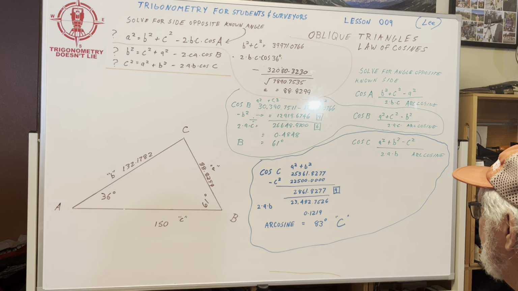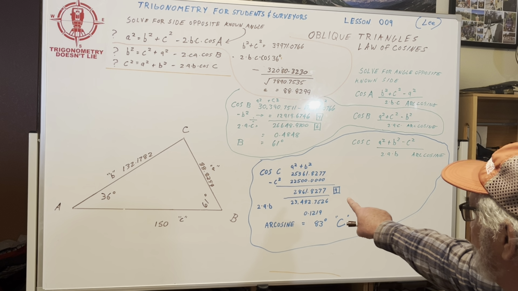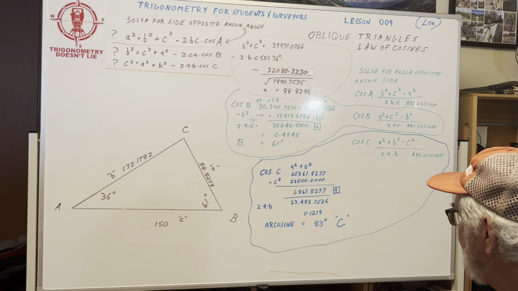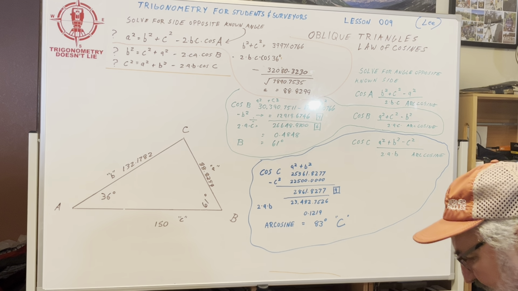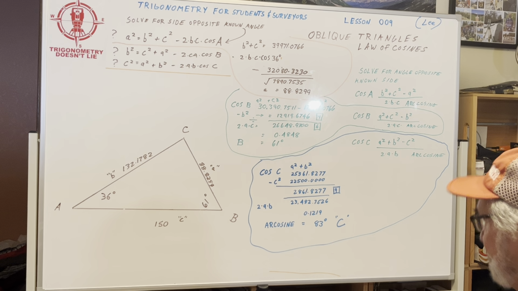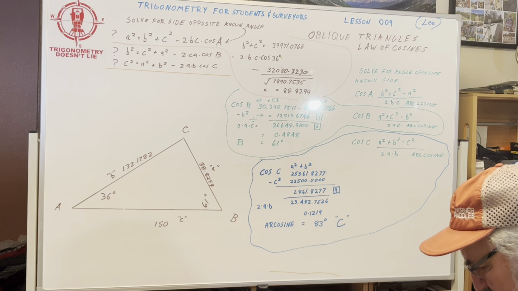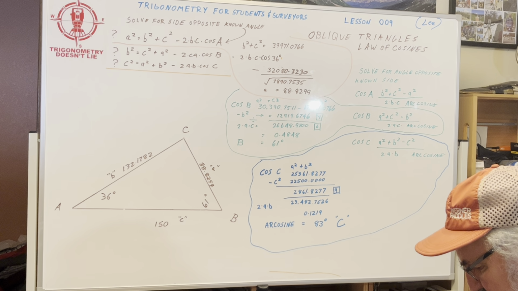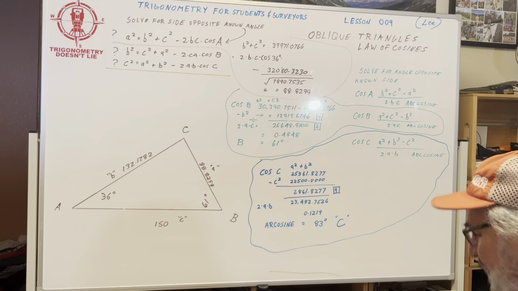2861, and then now we want, that's that formula up there. Now we want 2 times a times b. So I just leave that in there, 2, enter, recall side a times recall side b, times 23,482,7526.